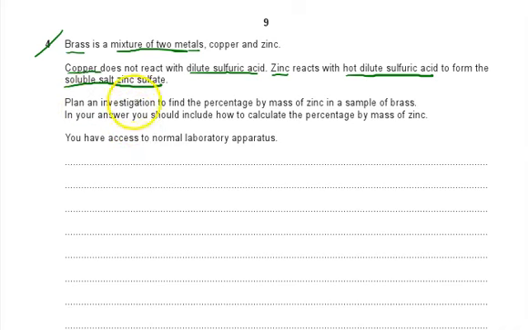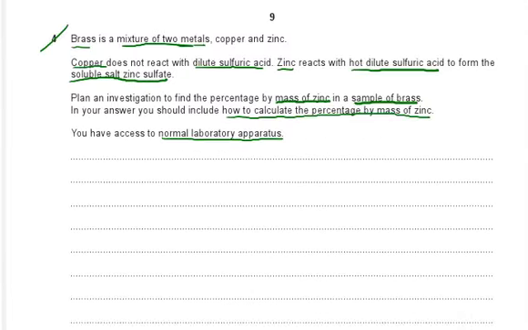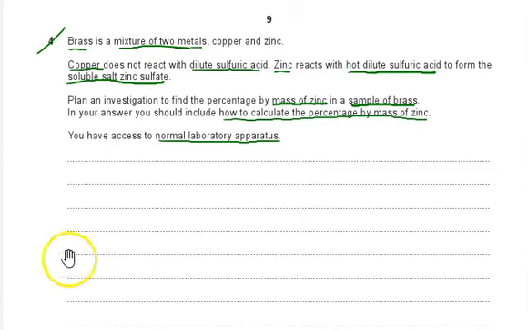Plan an investigation to find the percentage by mass of zinc in a sample of brass. In your answer, you should include how to calculate the percentage by mass of zinc. You have access to normal laboratory apparatus. The marks given here is the normal 6 marks. This is for every question for paper 6.